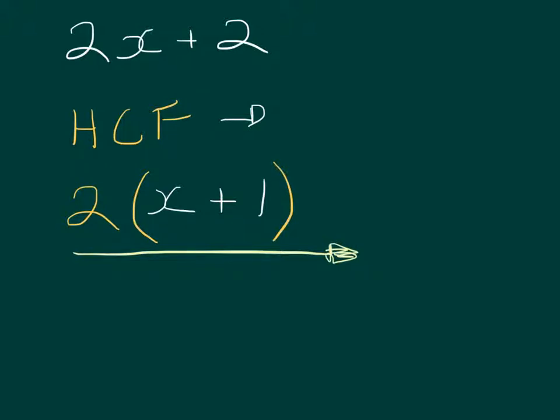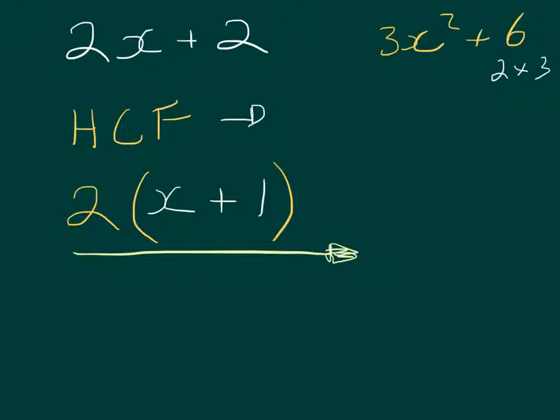Let's go with 3x squared plus 6. Okay, so if we have a look, we know that 3 is common to both of these, because 6 is actually 2 times 3.